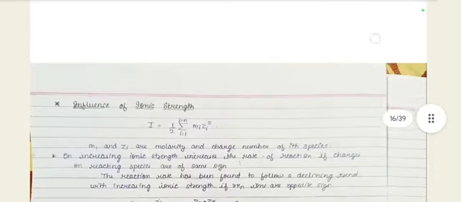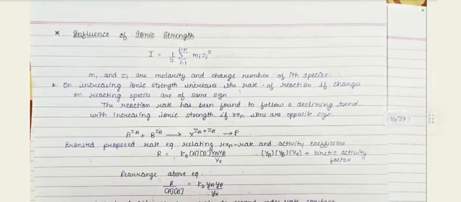The entropy of activation is negative and decreases with an increase in Za Zb. Influence of ionic strength: I is equal to 1 by 2.